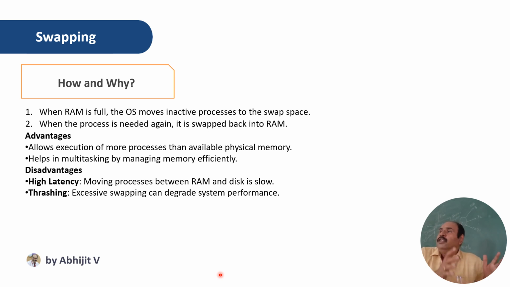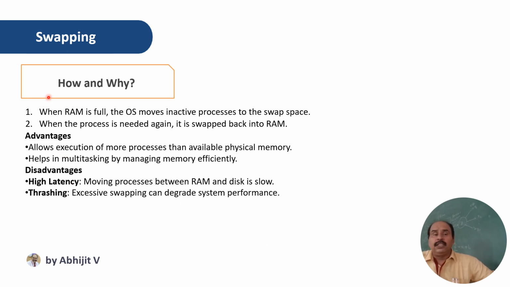Okay, so that memory space is freed enough for the whole process. When the process is needed again, it is called back. So why do we want to do that? How and why? That's the title of the slide I've given.